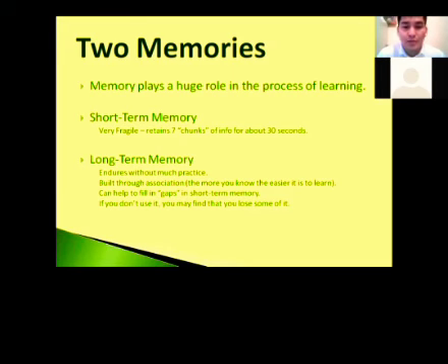And long-term memory endures without much practice, is built through associations, and can help to fill in gaps in short-term memory. And also, if you don't use it, you may find that you lose some of it. You can forget what you had in your memory. So there are 2 types of memory, like in a computer, right? A personal computer also has short-term memory and long-term memory.